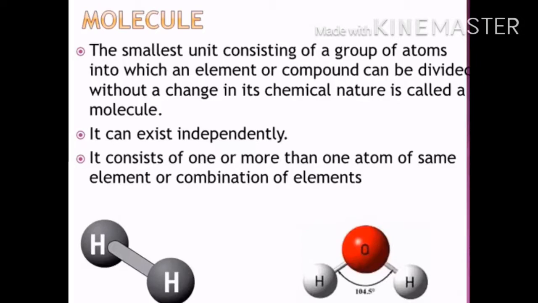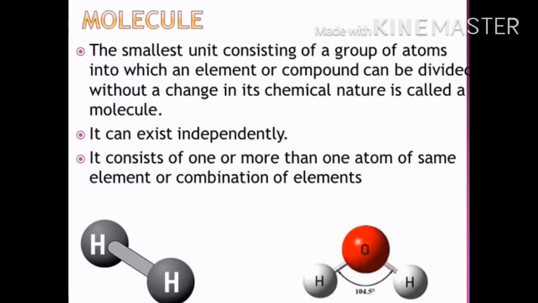Then it consists of one or more than one atoms of the same element or a combination of elements. For example, here a hydrogen molecule is present which is made up of the same hydrogen atoms, and a water molecule is present which is made up of different atoms, like two hydrogen atoms combined with one oxygen atom form a molecule of water.